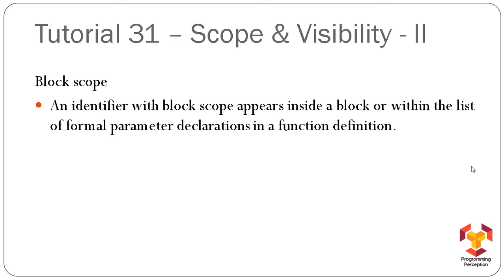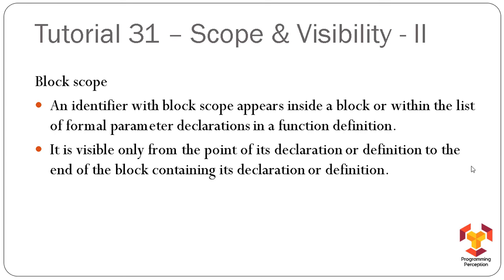An identifier with block scope appears inside a block or within the list of formal parameter declarations in a function definition. It is visible only from the point of its declaration or definition to the end of the block containing its declaration or definition.